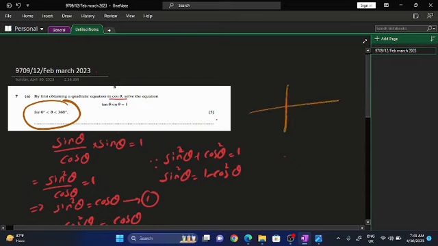Consider your quadrants. You know that cos theta is always positive in the first quadrant and fourth quadrant. In the second and third quadrants, cos will be negative. So cos theta should lie only in these two quadrants where it is positive.